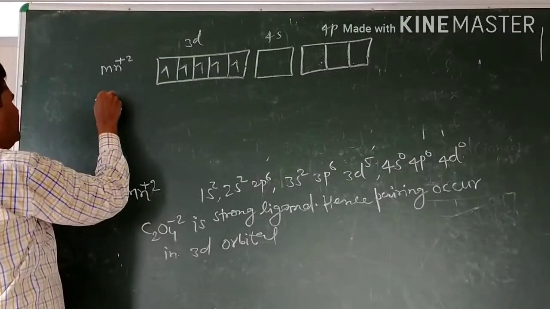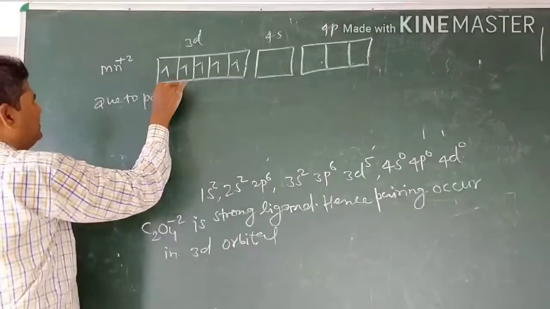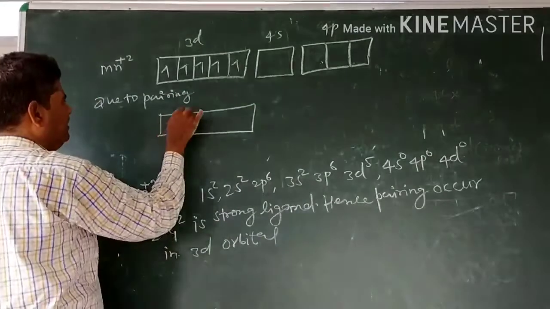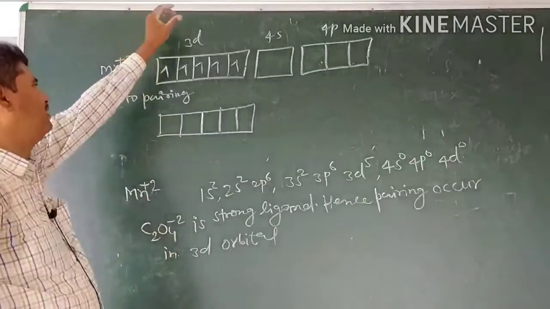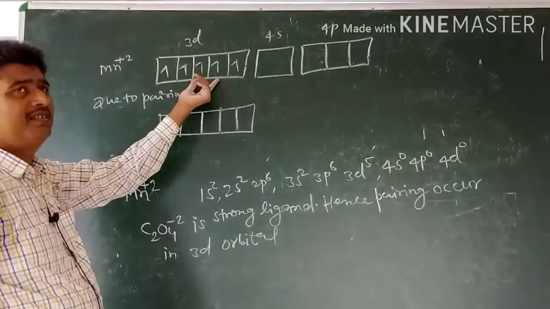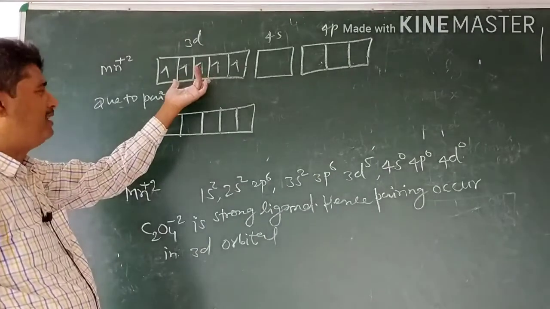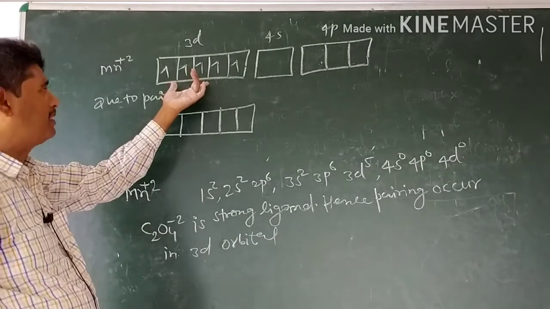Due to pairing, here the d orbital has 5 electrons. Oxalate is a strong ligand. Due to the effect of a strong ligand, pairing will occur.